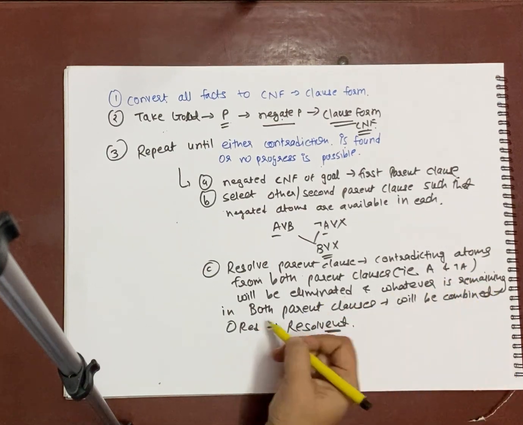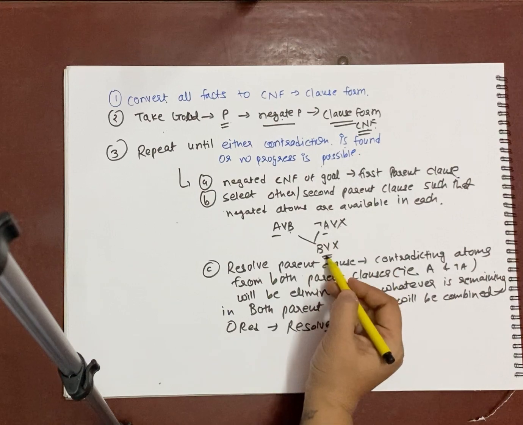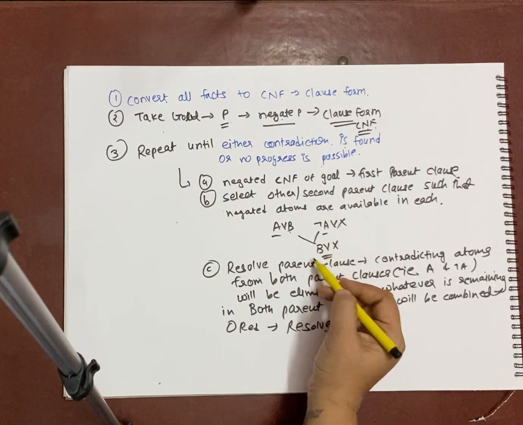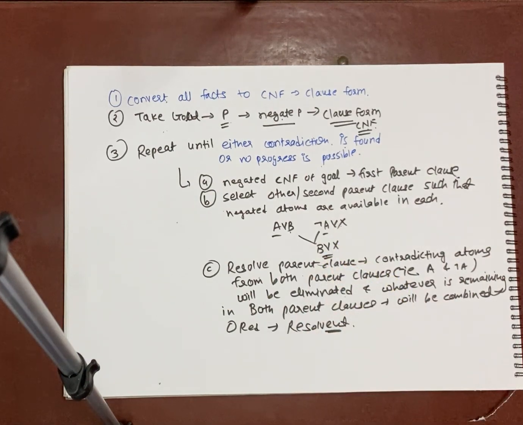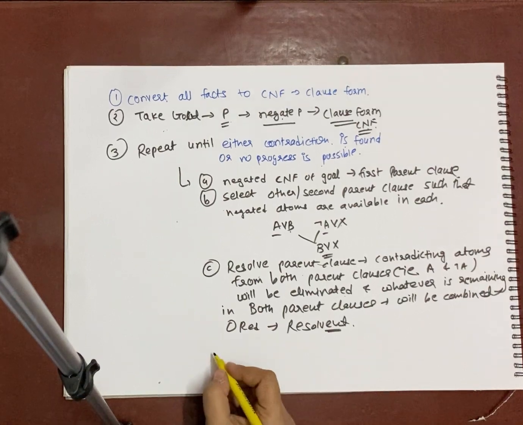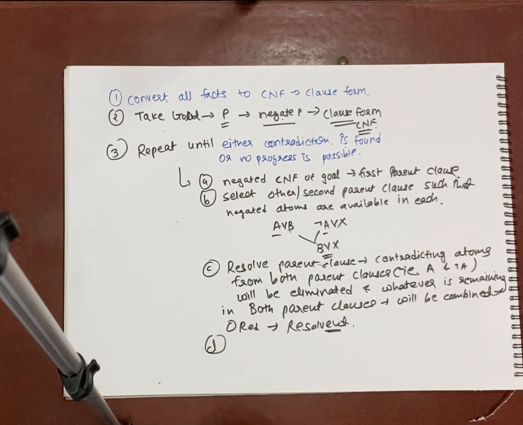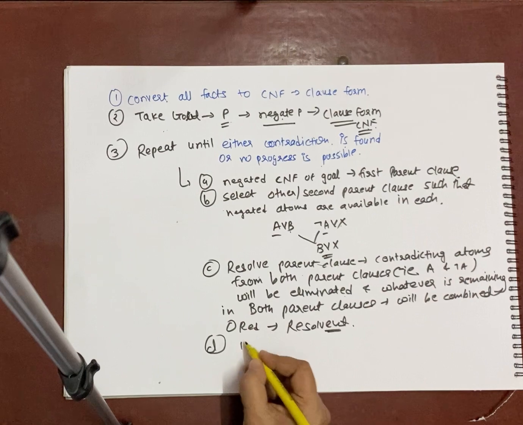And whatever is remaining in both parent clauses, that is B and X, will be combined, that is ORed, and that will be called the resolvent. Are you getting this? Keep on repeating the process.